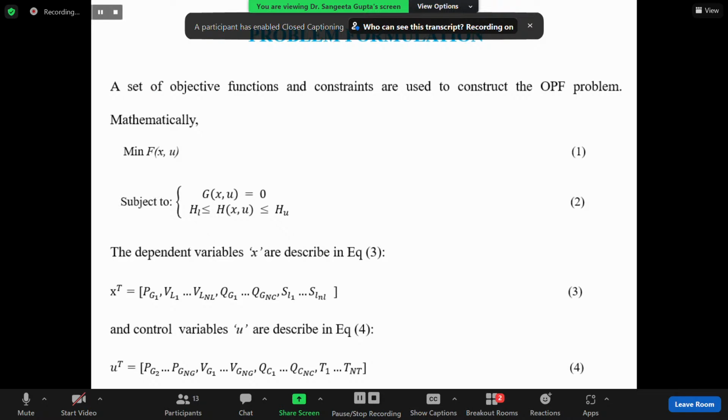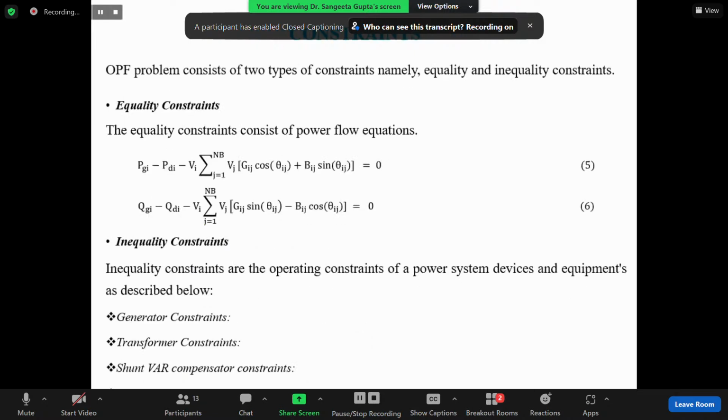This is the formulation of OPF, problem formulation, which can be mathematically depicted as a minimum f of x, u. X stands for state variable and u is the control variable, as you can see in all the equations. There are two constraints by which we can define the OPF problem: equality constraint, which are defined by equation number 5 and 6, and inequality constraint, which are generator constraint, the transformer constraint, shunt, and security constraint.